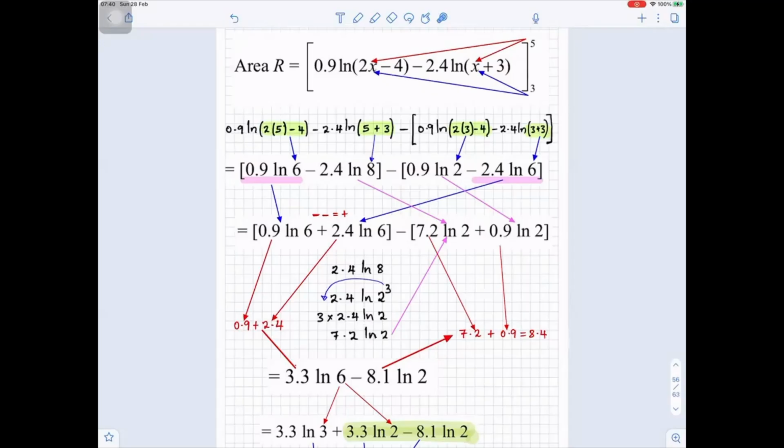Remember, 2.4 ln 8. 8 is the same as 2 cubed, 2 times 2 times 2. So the 3 can come in front. So 3 times 2.4 gives you 7.2 ln 2. That's how we got 7.2 ln 2 there, because we changed the 8 as 2 cubed and put the 3 in front.